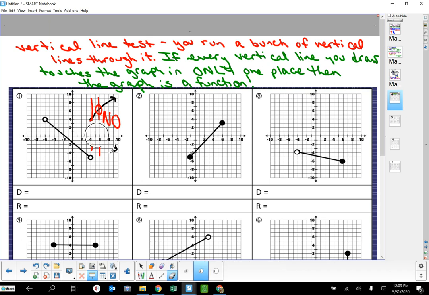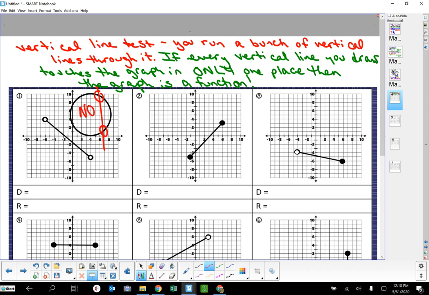Okay? Can you think of anything else that might not be a function? What about a shape that wouldn't be a function? So we can actually draw circles, right? When we graph, if I graphed a circle that looked like that, then if I draw a vertical line through that thing, it's going to intersect my circle in 2 places.